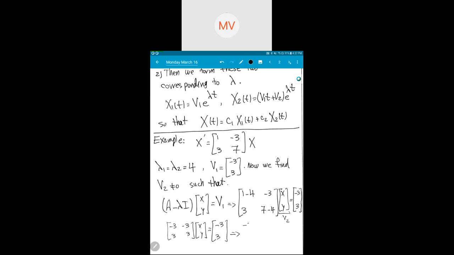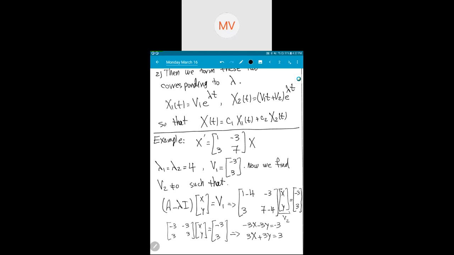And as you can see, they're both giving you the same equation, just by a negative multiplication. I guess you can see why I picked negative 3 and 3, because it nicely goes with the coefficients.